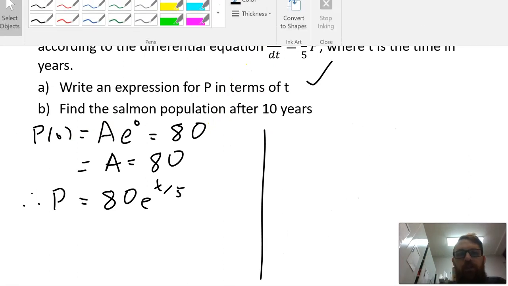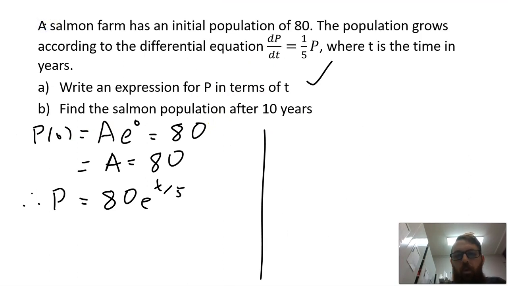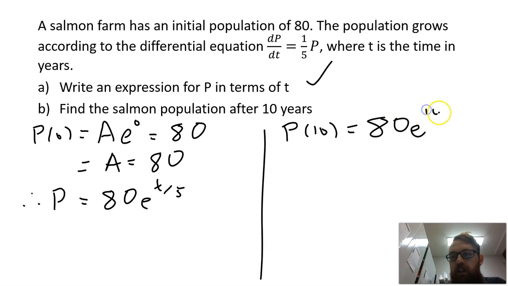Part B, we have to find the population after 10 years. Now we have a function that shows us the population at any time, so we can just substitute in 10. P of 10, the population after 10 years, is equal to 80 e to the power of 10 on 5, which is the same as 80 e to the power of 2.